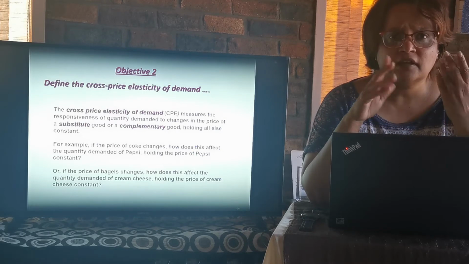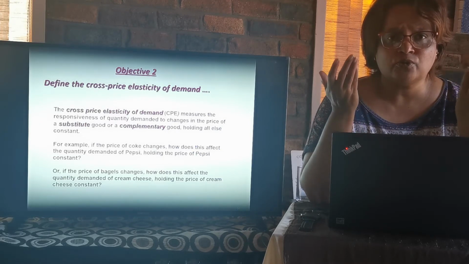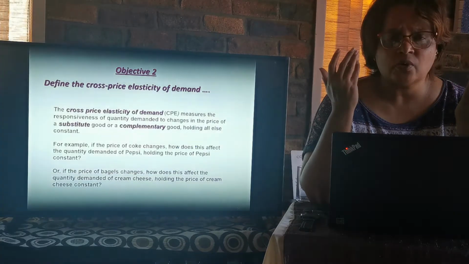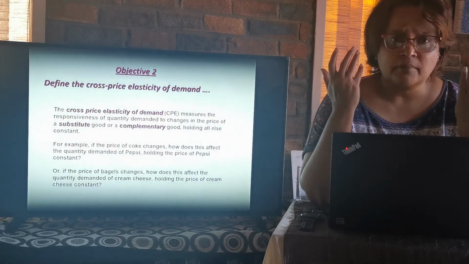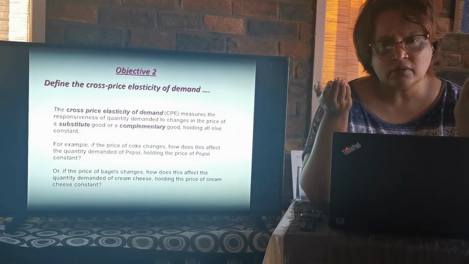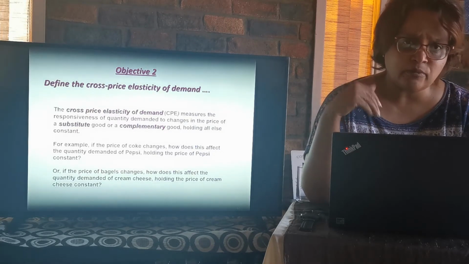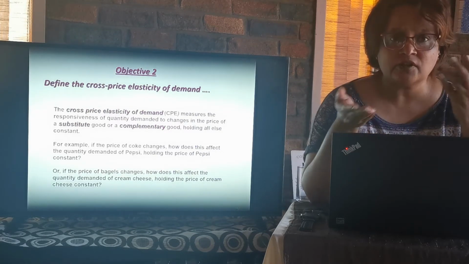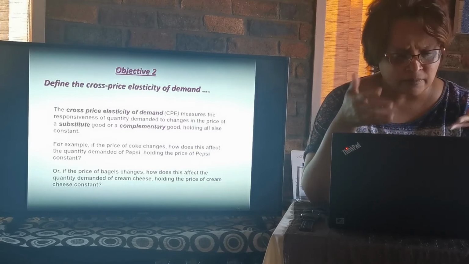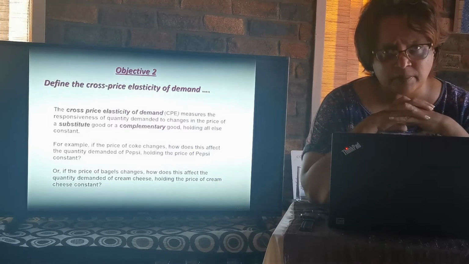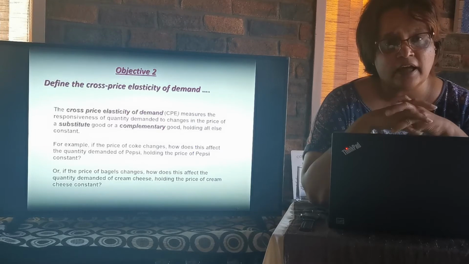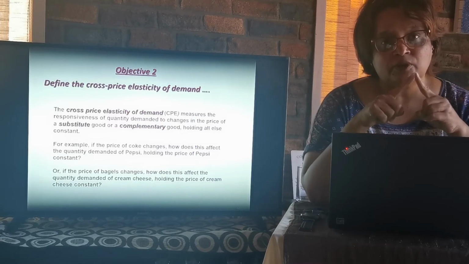Substitute good is either or. So if you're going into the shop and there's no milk, you're going to buy powder milk, or there's no chicken, you will buy fish, or you don't buy beef, you buy lamb, etc. Something that you will substitute. I think my example here is Coke and Pepsi. And complementary goods is goods that must be used together.